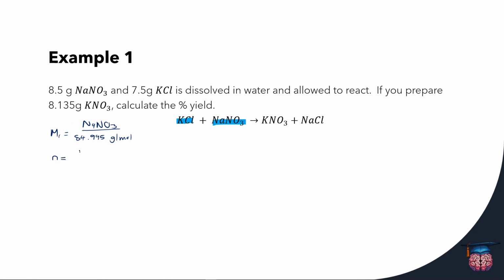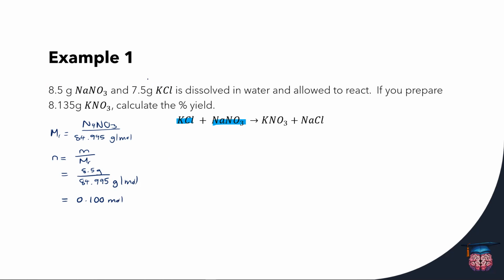So that is n is equal to m over Mr. And we have 8.5 grams, and we divide that by 84.995 grams per mole. And this gives us a mole amount of 0.100 moles.